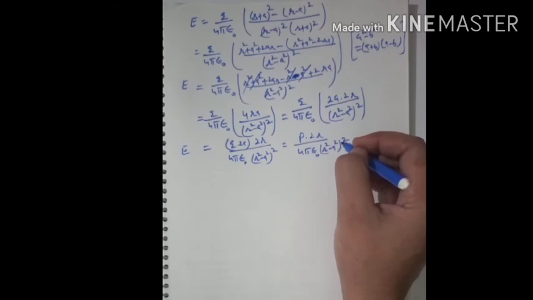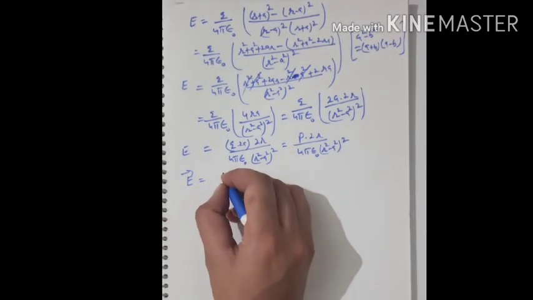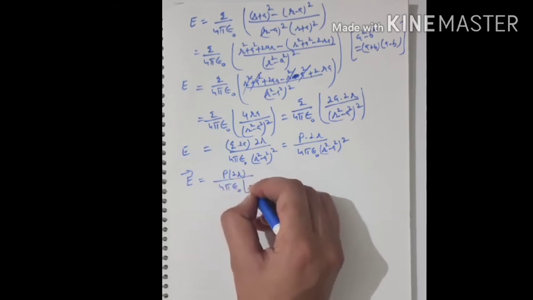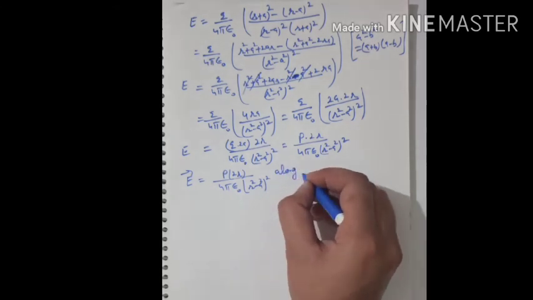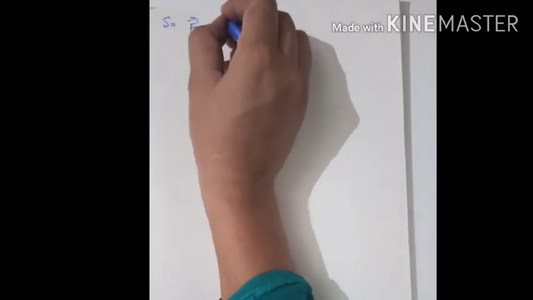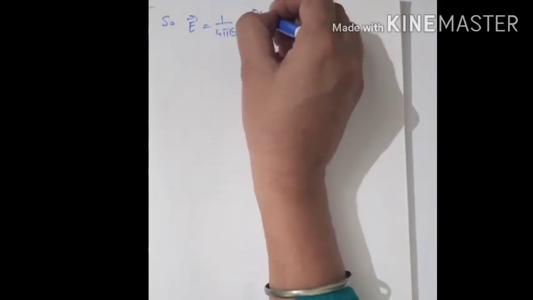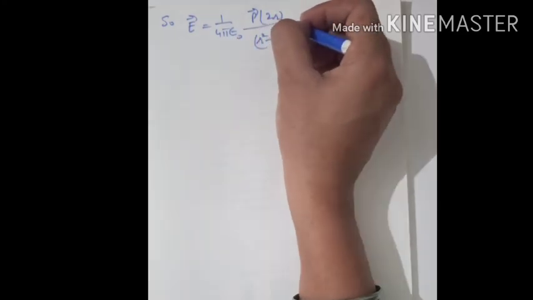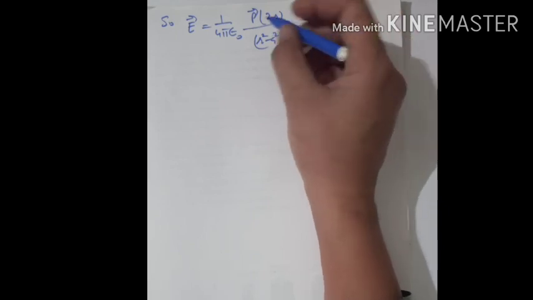So this is the resultant intensity in magnitude form. In vector form, E vector is equal to 1 by 4 pi epsilon naught, p vector 2r by (r square minus a square) whole square, along the PA dash vector. So the direction is the same as the direction of the electric dipole, this p.